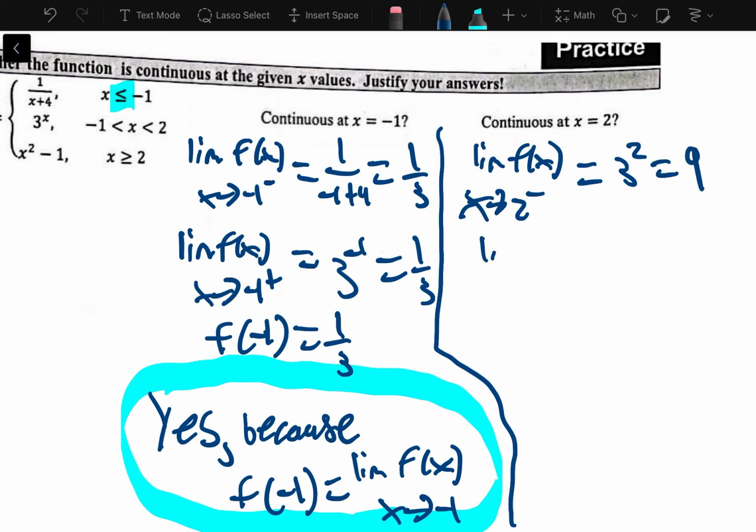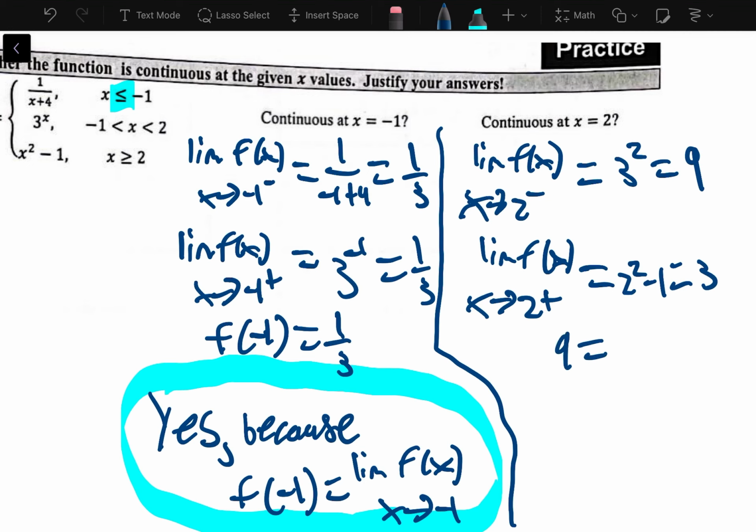Okay, and the limit of f of x as x approaches 2 from the right, we're using the last equation, so 2 squared minus 1, which is equal to 3. And since 9 does not equal 3, then no.